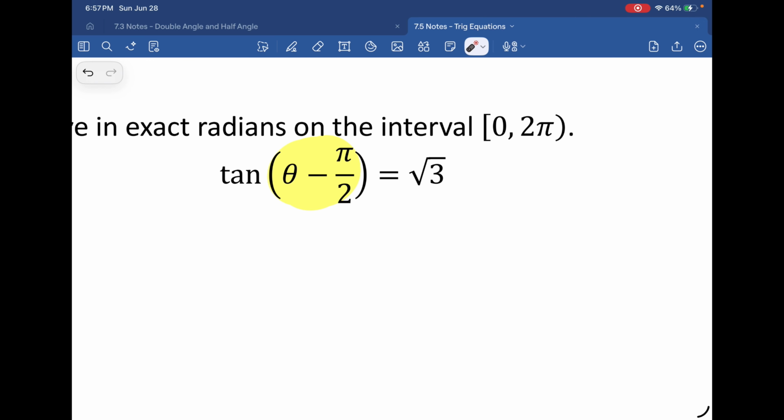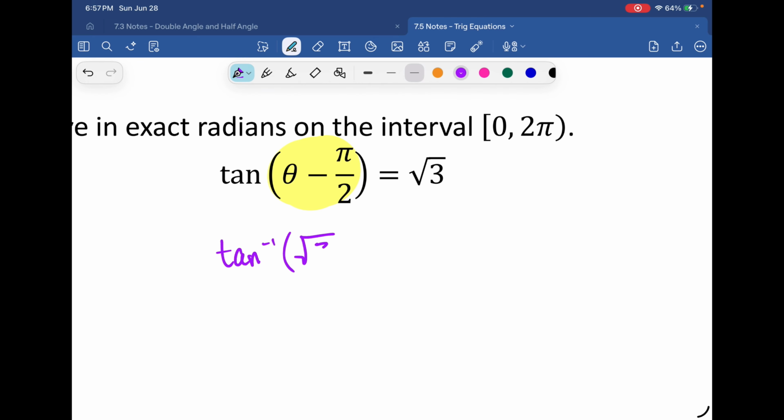Actually, no, I can. 100% can. Let's do inverse tangent. So inverse tangent of root 3 equals theta minus pi over 2.